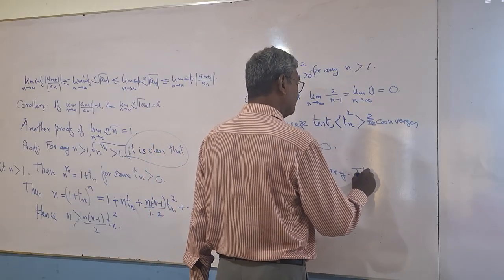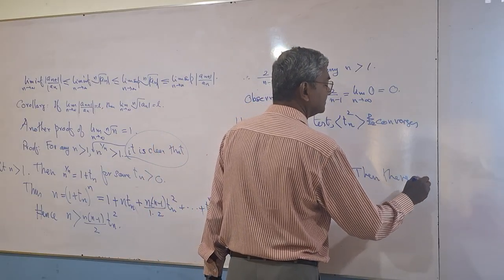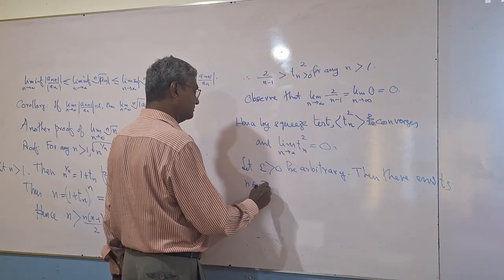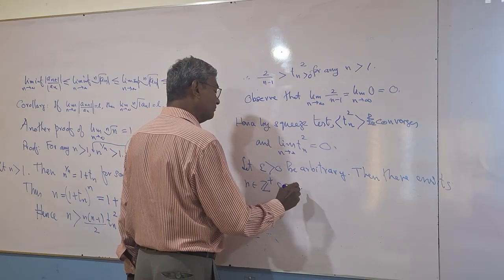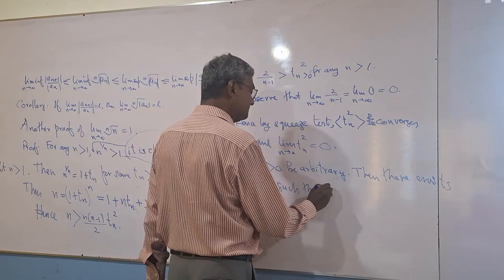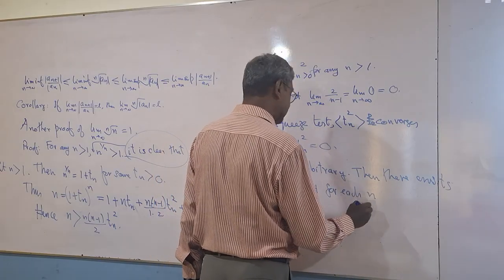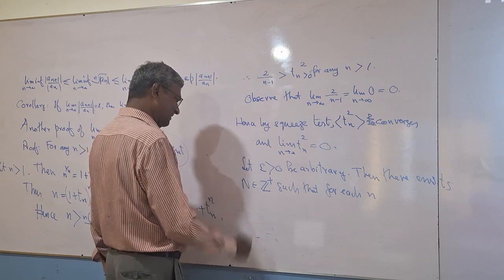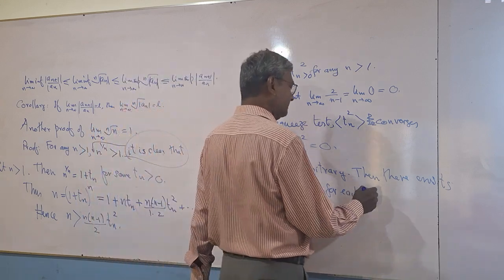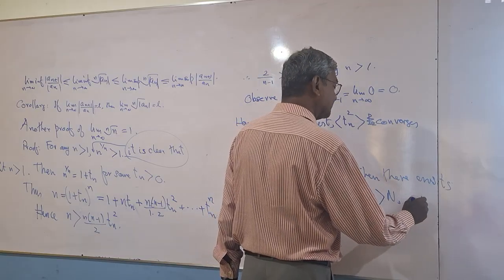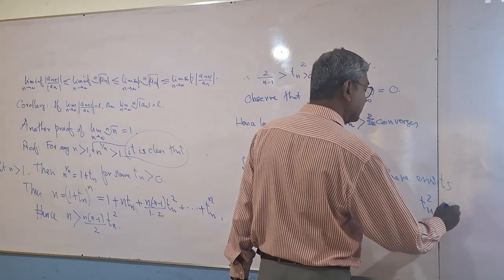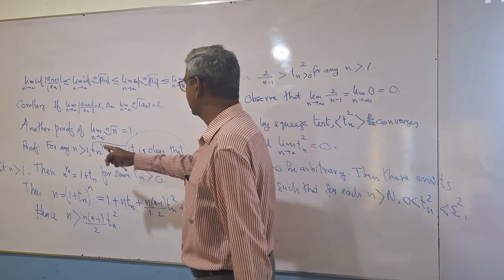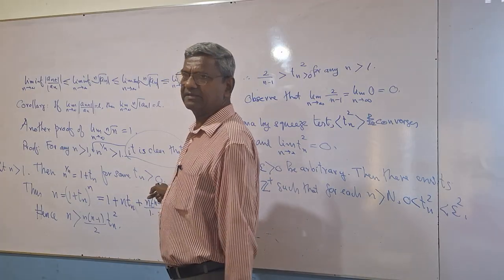Then there exists N belonging to the positive integers such that for each n greater than capital N, Tn squared is strictly less than epsilon squared. And this is definitely greater than 0. Somewhere I said Tn greater than 0.